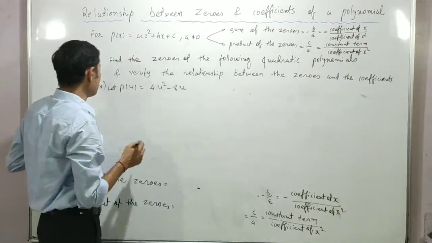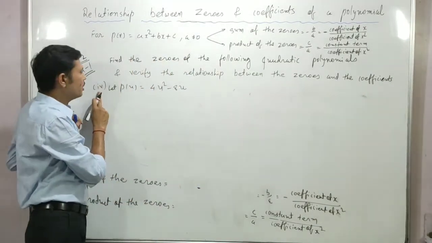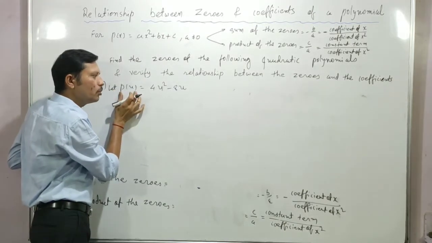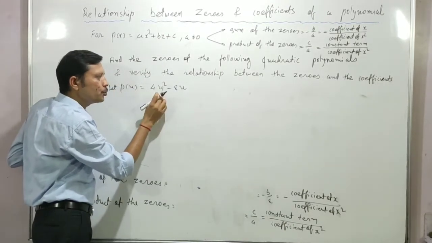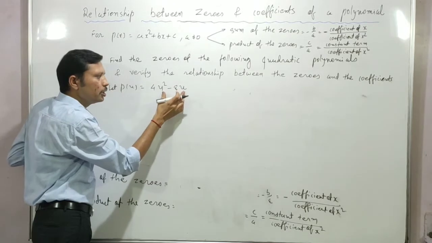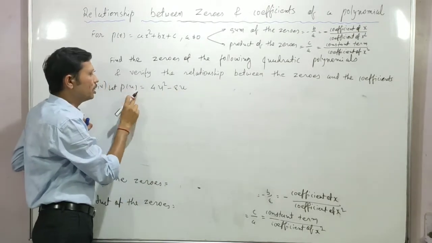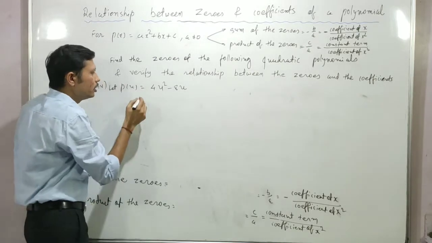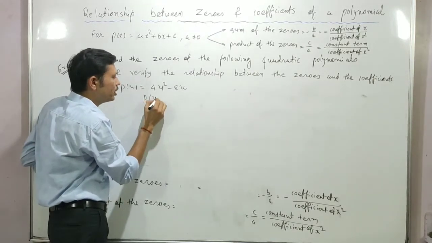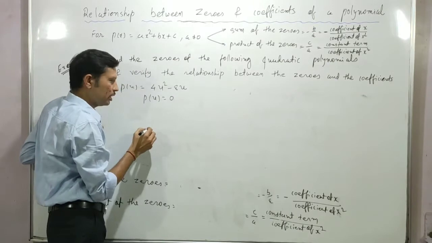Okay, so take another example. The fourth example. Let our polynomial p of u be given to us as 4u square minus 8u. Here the variable is u, so that's why we have given the labeling p of u. Now to find the zeros, I will compare this polynomial with 0.